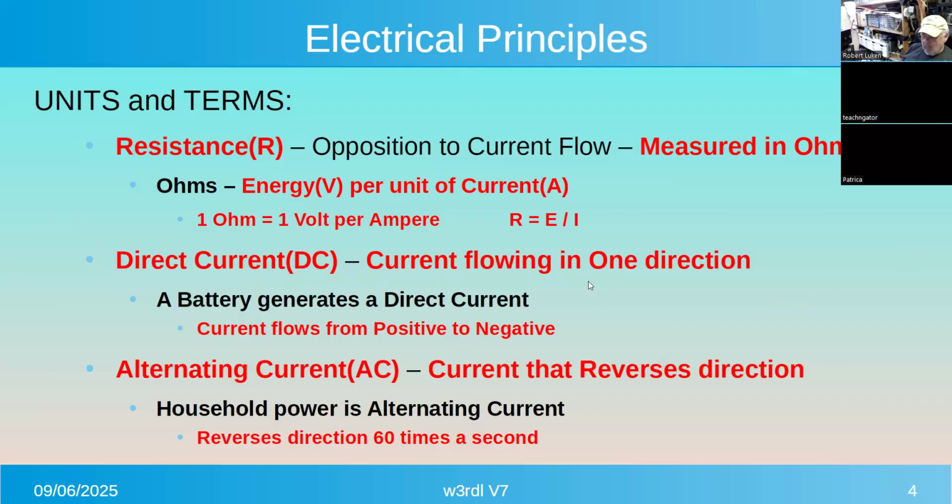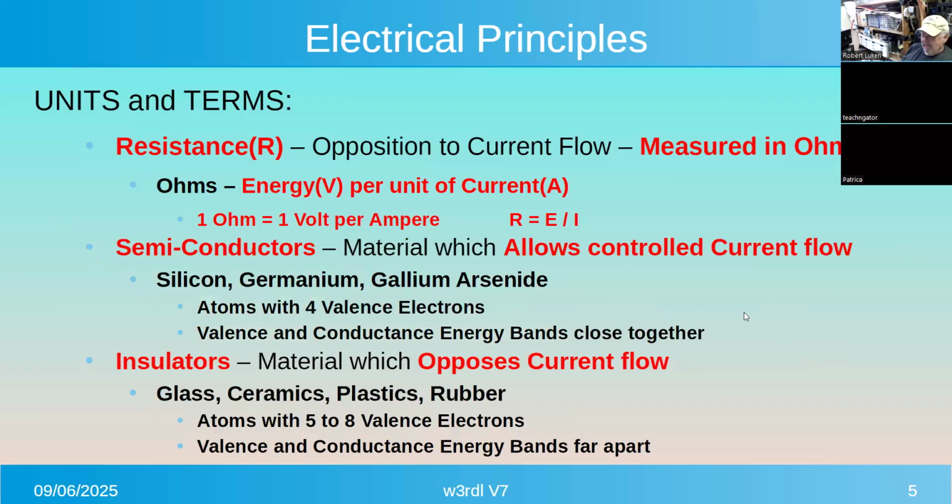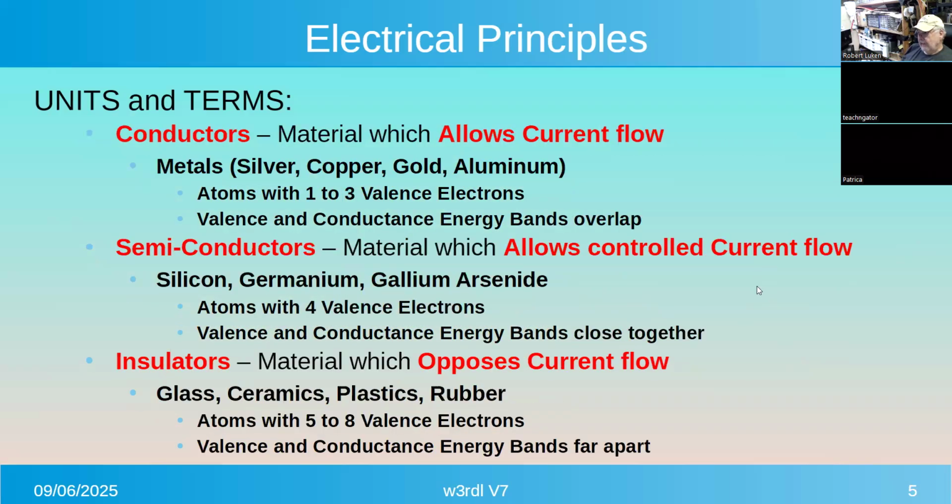Your household power is alternating current that's reversing direction 60 times a second. We measure that frequency in hertz, which we'll get to, named after a guy named Hertz. So we use a capital H, lowercase z, Hz, because it's a proper name abbreviation.